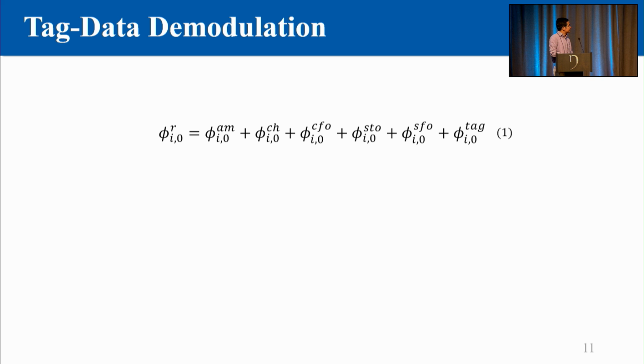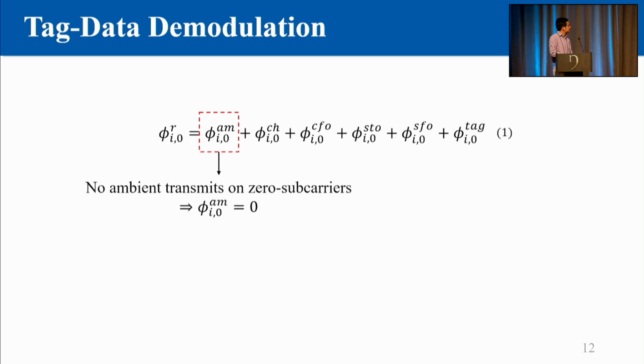Next, we show how to extract the phase of the tag data. We find that zero subcarriers have several advantages. First, according to the standard Wi-Fi, no ambient data transmits on zero subcarriers. The phase of ambient data is 0.